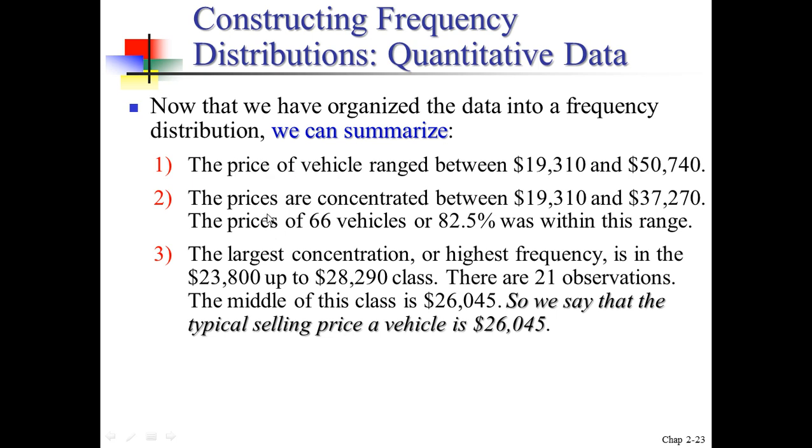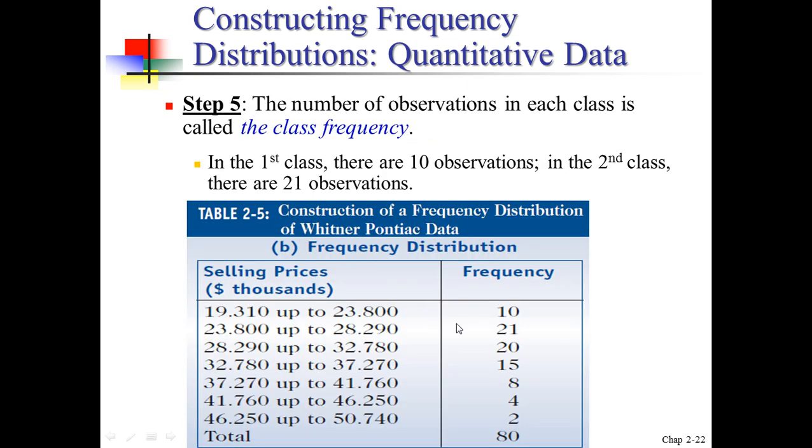This one sometimes used, sometimes not used. Or this one sometimes used, sometimes not used. That's why this one must be used. If this one is used, it depends on you. But it's much better to use these 3 points. Okay, this is called the highest, the 21, the highest class. This is a concentration, and this is a range. Okay.